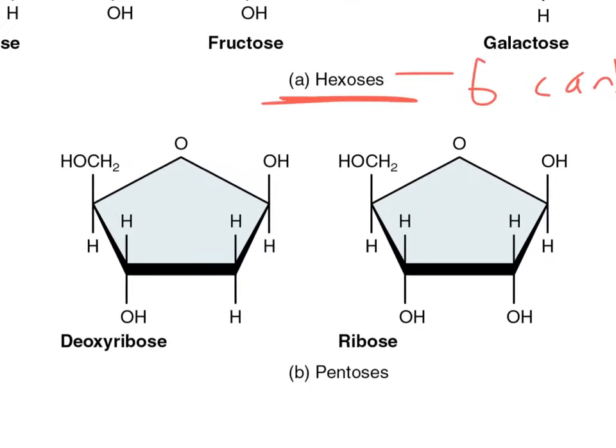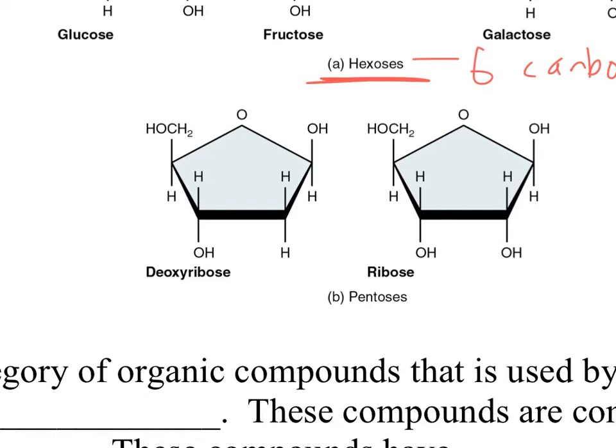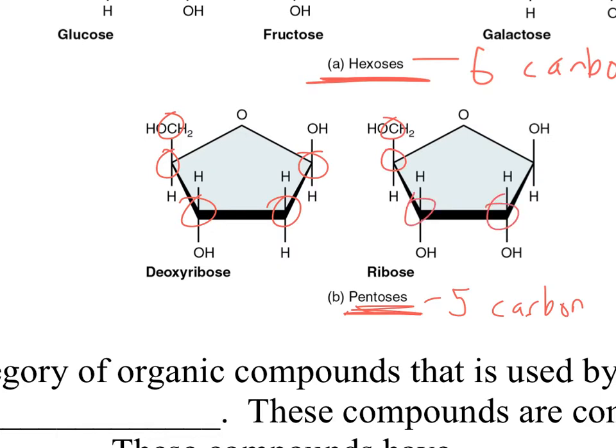These two right here are the pentose, which means they have how many carbons? 5 carbons. Then if we label them 1, 2, 3, 4, 5. 1, 2, 3, 4, 5. Okay?